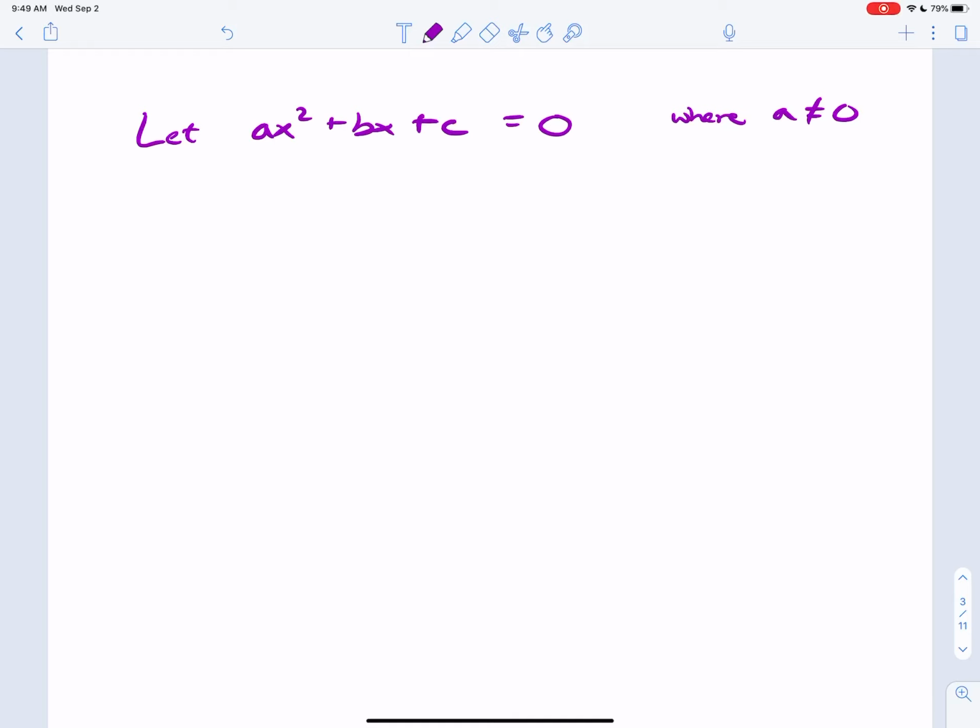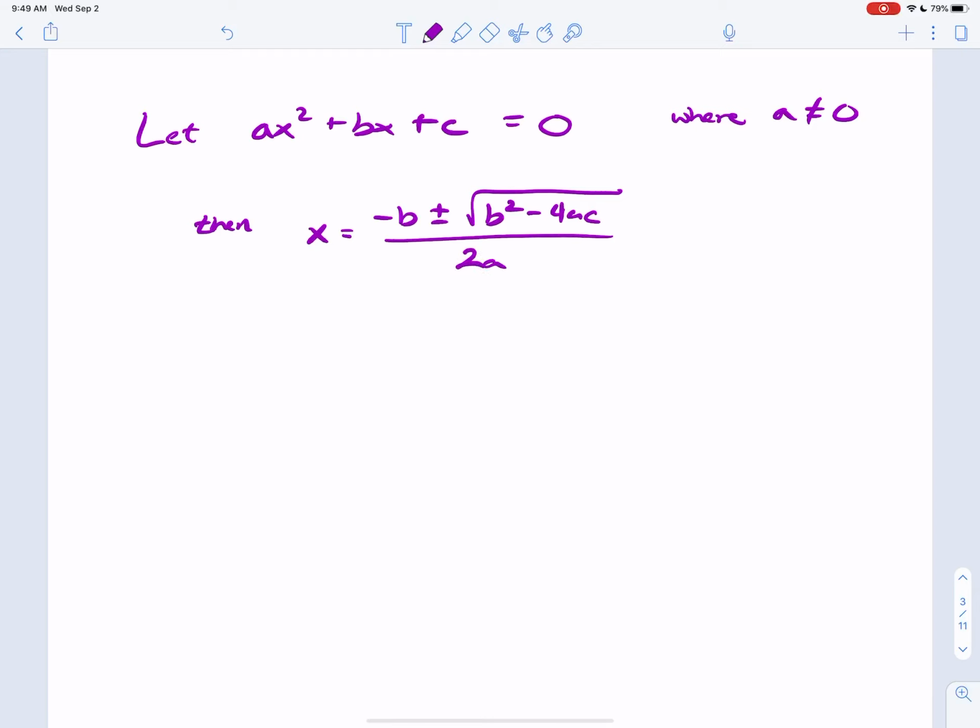So if we have any quadratic equation that's equal to 0, we can apply the quadratic formula, which is x equals negative b plus or minus square root b squared minus 4ac all over 2a. There's a neat little song if you want to YouTube it. It's catchy. There are many songs out there, but if you want it to stick in your head, go ahead and look that up, okay?